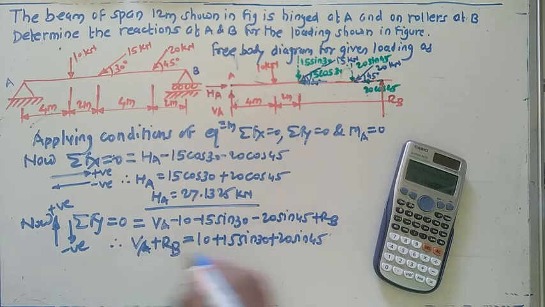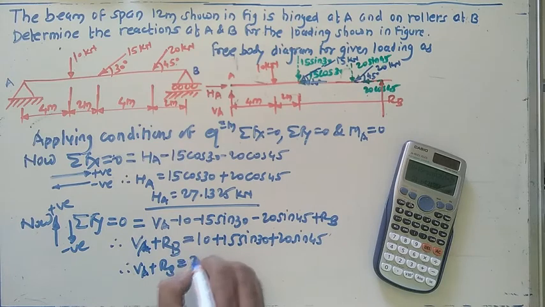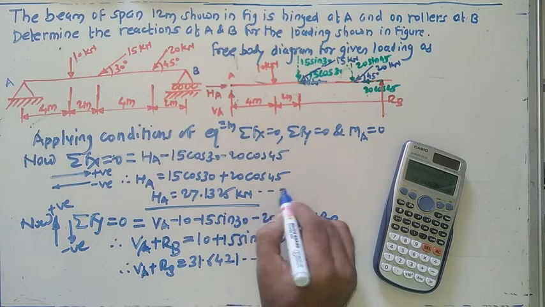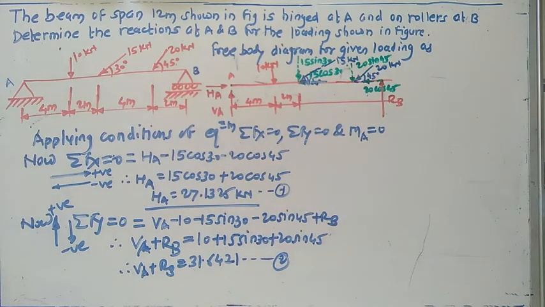RA plus RB equals 31.64. Now move towards the next equation.